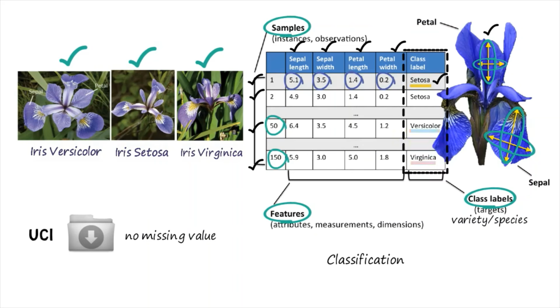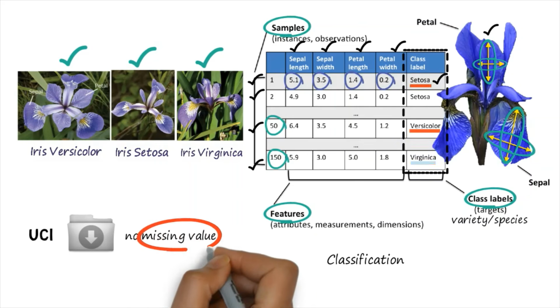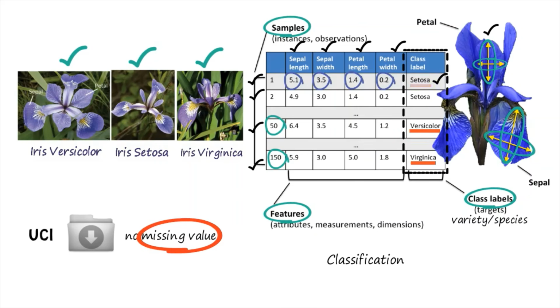The reason is, if your data set contains missing values, we have to use specific methods or algorithms to eliminate them. We will learn these techniques slowly when we complete this training session. But for the time being, I'm using this data set because it has no missing value. This is the first point.